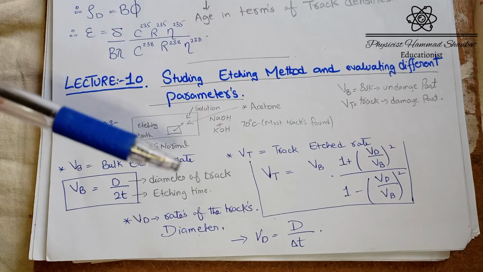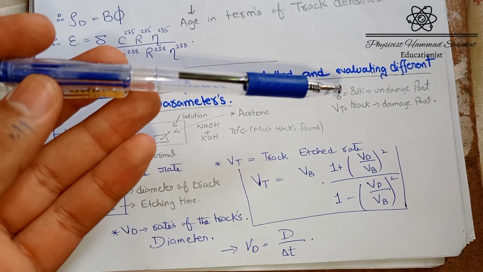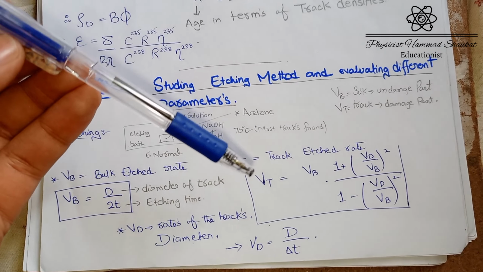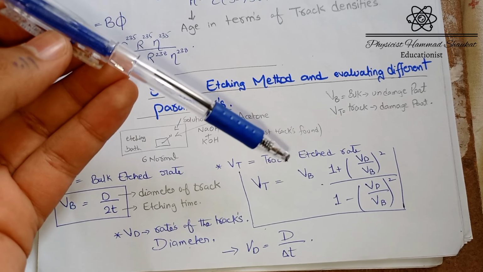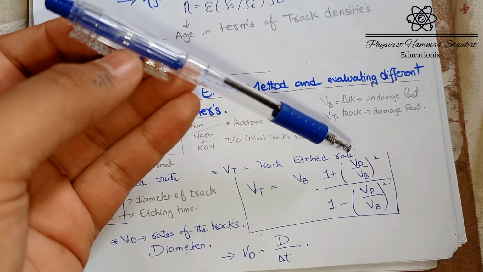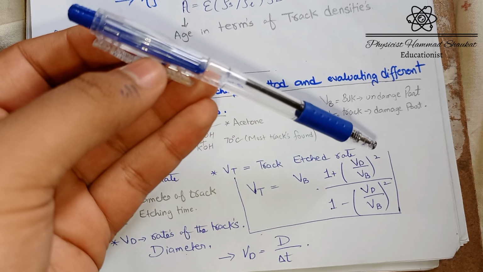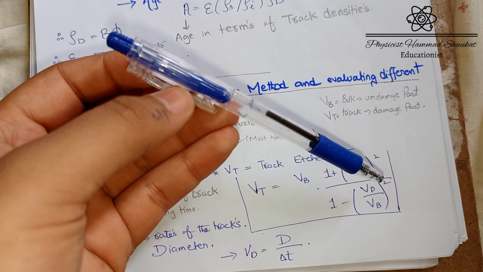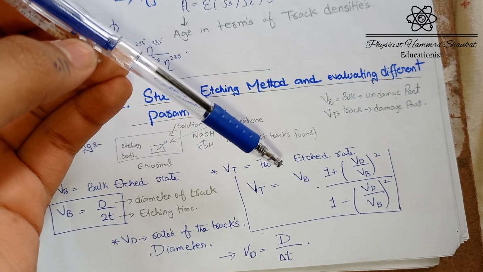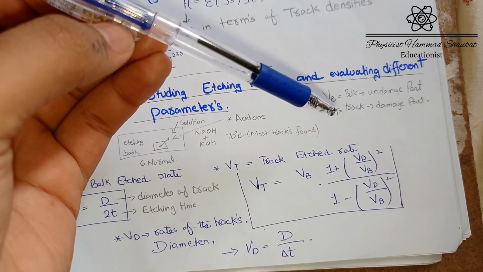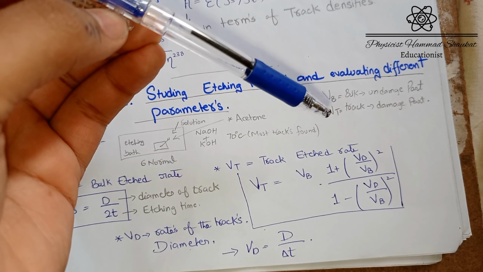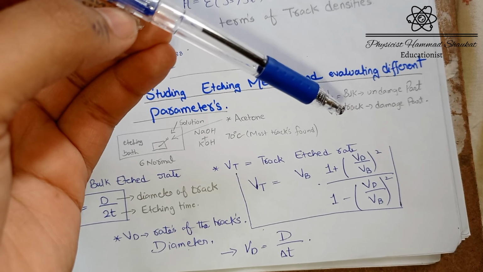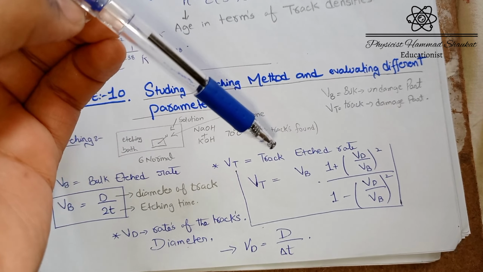Vt has this relation: Vt equals Vb times (1 plus (Vd by Vb) squared) divided by (1 minus (Vd by Vb) squared). Vt is the track etch rate, the etch rate along the latent track.